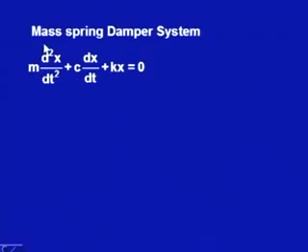So, we will have m d2x/dt2 + c dx/dt + kx = 0. This second order differential equation represents the mass spring damper system.